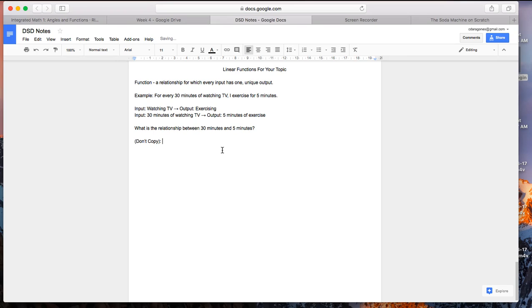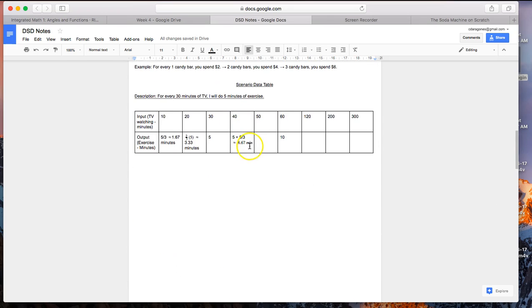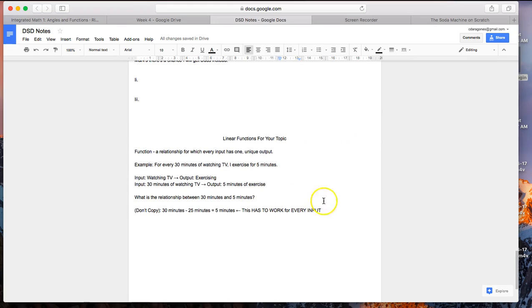I'm like, okay, well, maybe if I take 30 minutes and subtract 25 minutes, that's 5 minutes, right? The thing though is, this has to work for every input, meaning I can take 25 minutes away and I get the output I want. So if I look at my table, it says, if I have 60 minutes of watching TV, my output is 10 minutes of exercise.